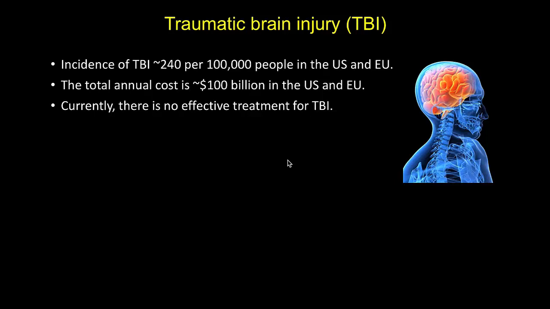And it actually mostly affects developed countries because of traffic accidents and sports accidents. Also, the total cost annually is very high, about $100 billion both in the US and in the EU. And similar to other neurodegenerative diseases, there is currently no effective treatment for TBI.